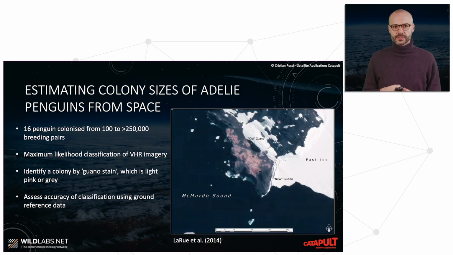Moving a bit more into conservation, we have applications such as estimating colony sizes of penguins from space. This is quite a funny one, maybe, because an estimation of penguins in this case has been done in 2014 by looking at penguins' excrement, which appears over ice as some color like pink or gray, as we see over there.